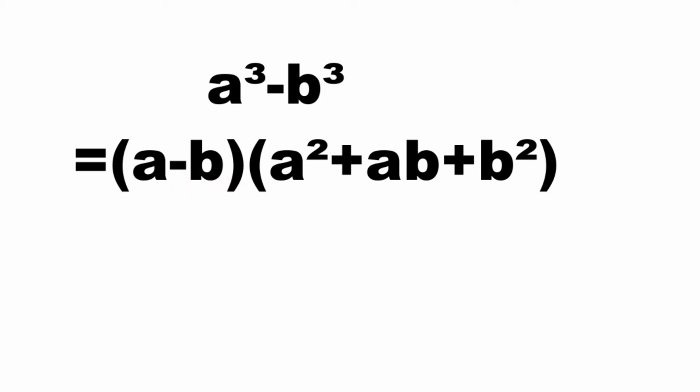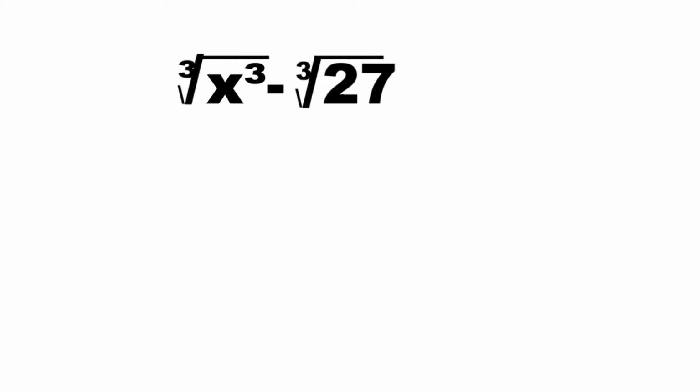So let's have an example. Example: x cube minus 27. Let's get the cube root. You have here the cube root of x cube and the cube root of 27. The cube root of x cube is x, and the cube root of 27 is 3.